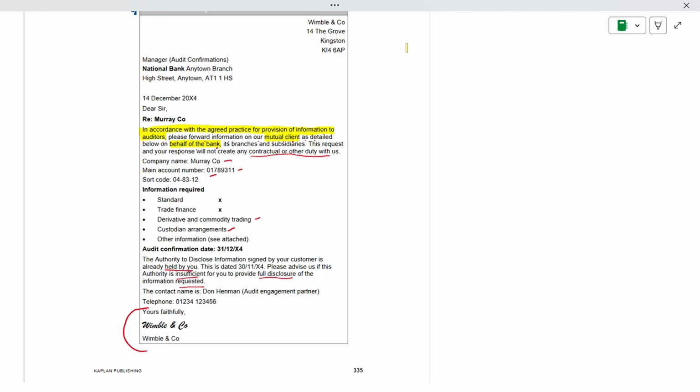It means the auditor is writing to the bank to provide information about the client, and it has to be given on behalf of the bank. The request and your response will not create any contractual or other duty with us. We are only concerned about the bank confirmation information.